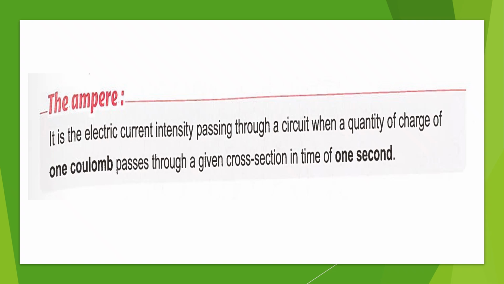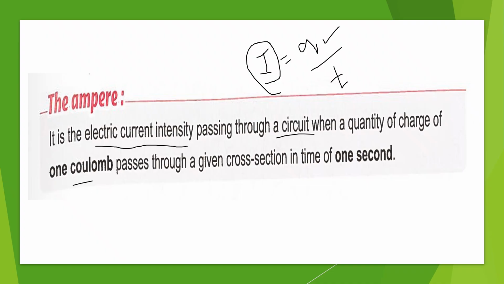And then we can define the ampere as the electric current intensity. By the way, I remind you that I equals Q over T. So the ampere, the measuring unit of current intensity, is the electric current intensity passing through a circuit when a quantity of electric charges of 1 coulomb passes through a cross section of a wire or conductor in 1 second.